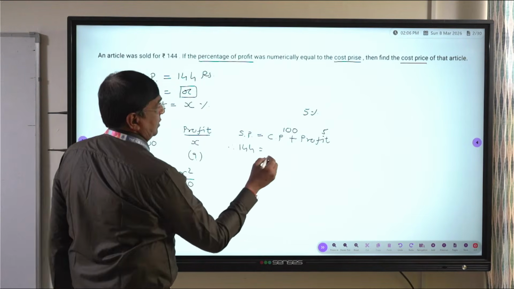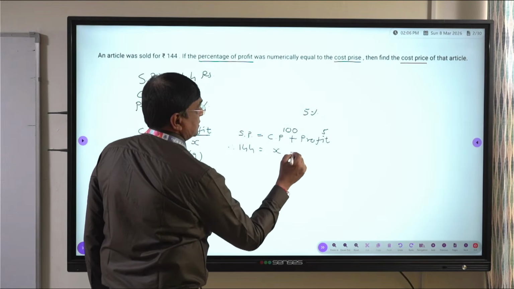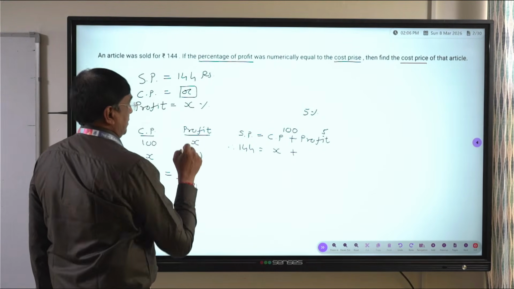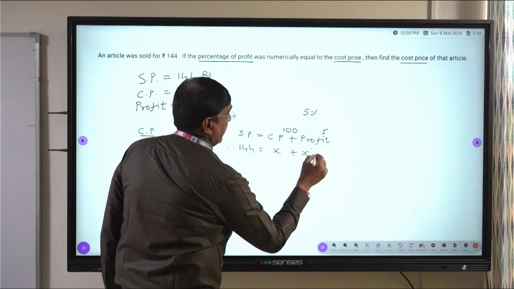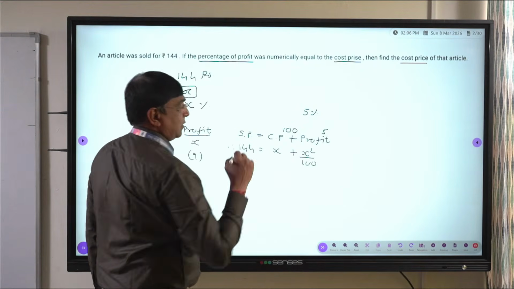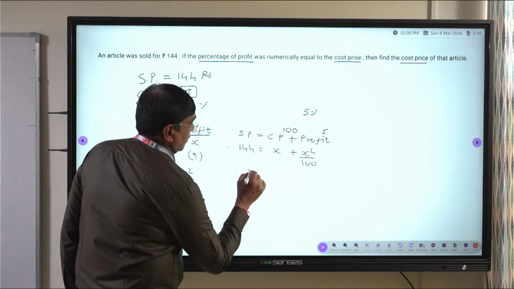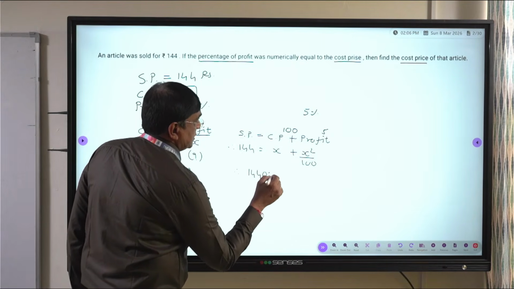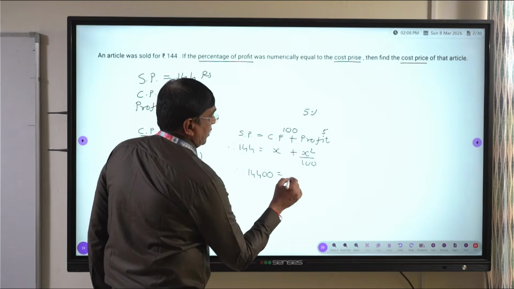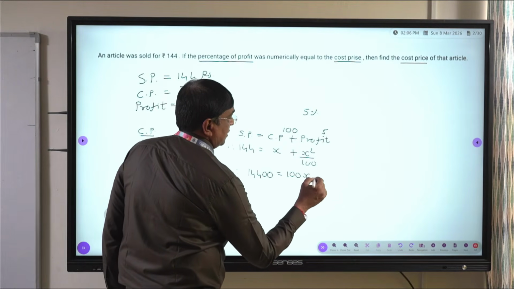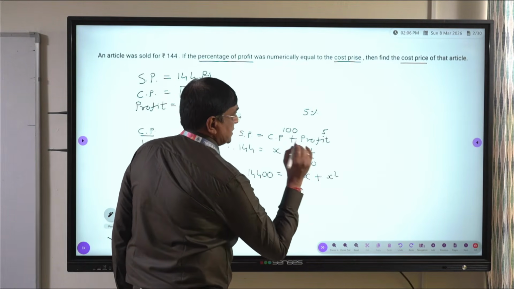Cost price is X. Profit is X square upon 100. Taking 100 as LCM, we can say 14400 equals 100x plus x square.